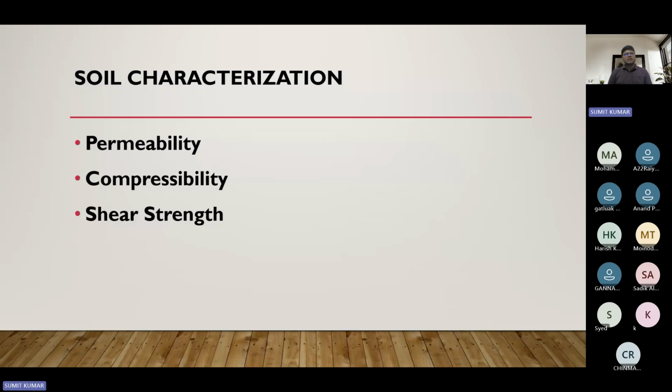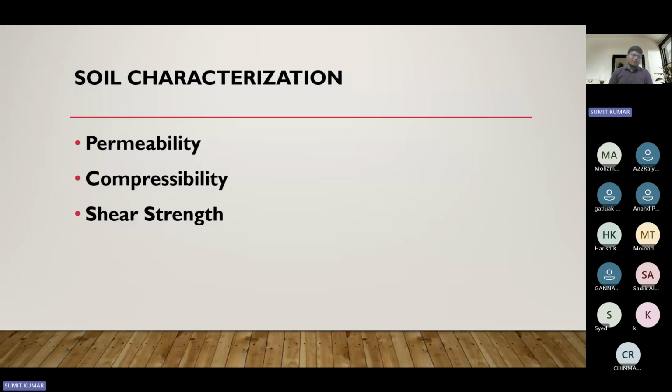Now take a glass of water and drop it into the container in which the gravel is there. You see that the water flows out very quickly as compared to when you drop that water in the sand. Subsequently, again take the clay soil in a similar container and drop the water. You see that the flow of water takes a very large time.